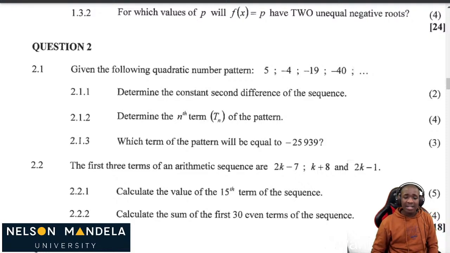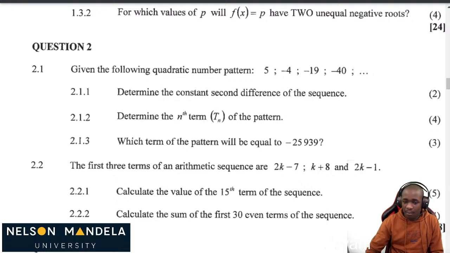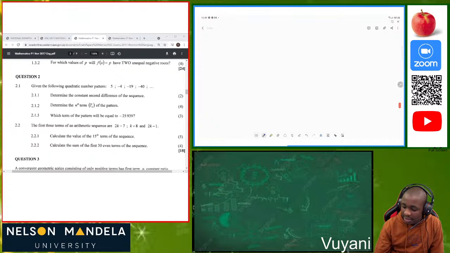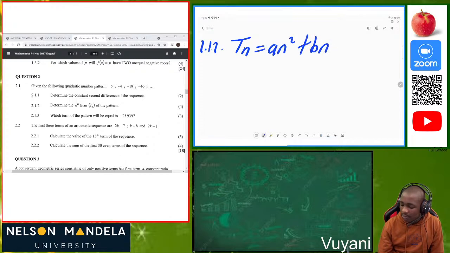Now, moving on: determine the nth term of the pattern. This is a quadratic number pattern, so it won't be hard, because we know that in order to determine our nth term, we just have to say Tn is equal to an squared plus bn plus c.